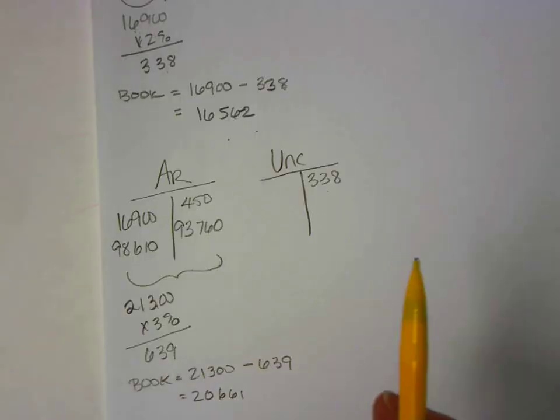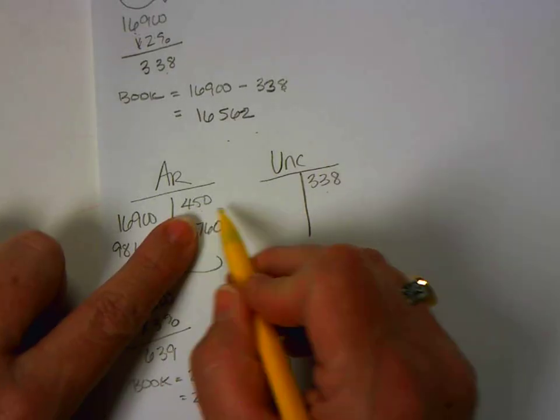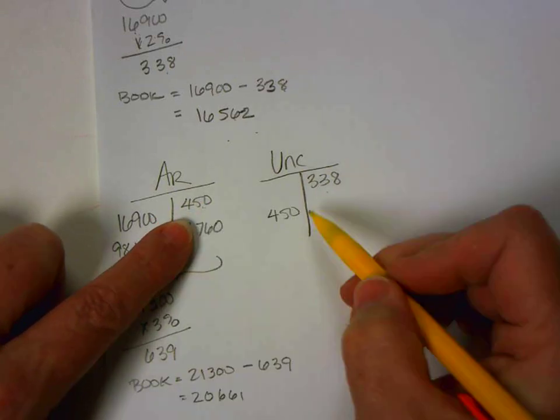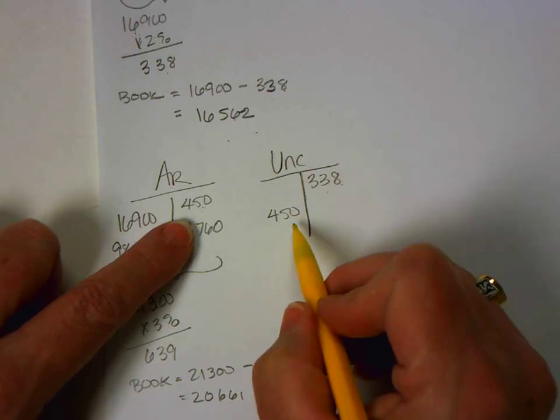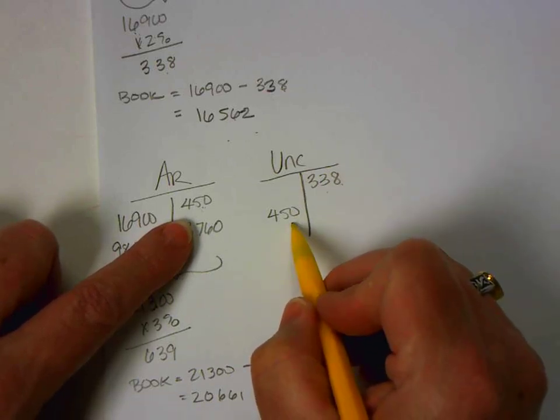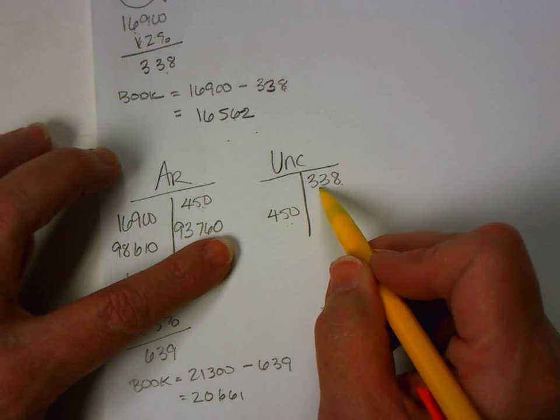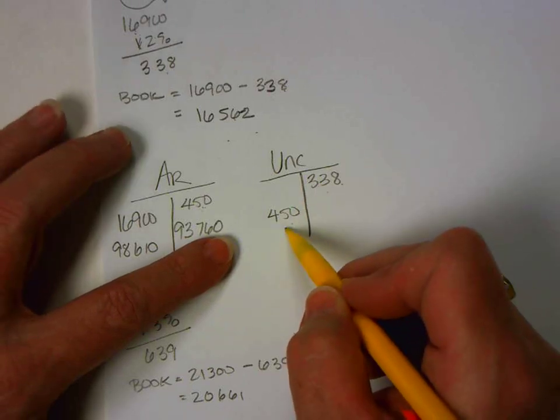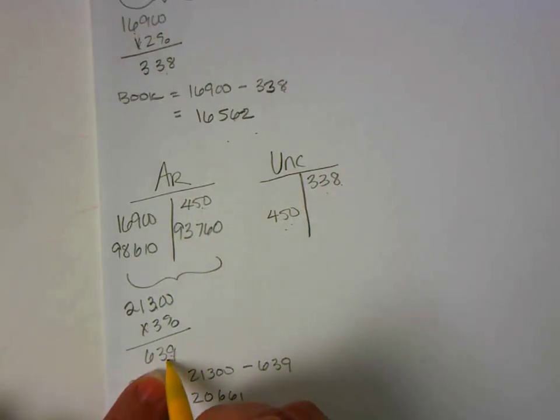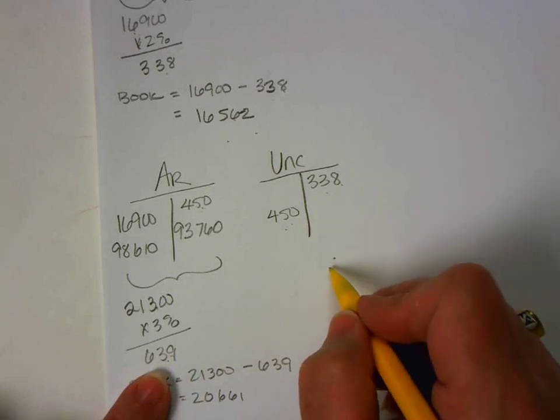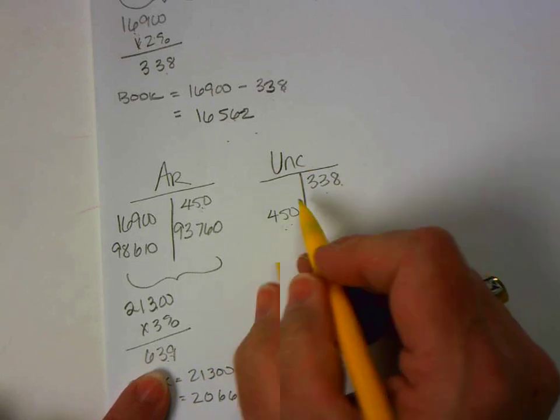All right, so now we've got to figure out the bad debt expense. All right, so what we did here, actually I didn't write it when I did this one. So here I had to put a credit here of 450. But what just happened, I estimated that I was going to need 338 for the bad debt, but we ended up writing off more than that, 450. Okay, so basically this account has kind of gone negative. So we have to consider that as we're getting ready for the next year, right? So we have $639. That's what we want this account to get up to, right? Okay, right now I have a debit balance on this side.